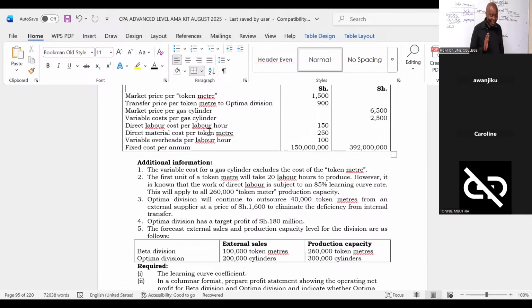Optica. The very first expenditure applicable to beta is which one? Direct labor cost, isn't it? Yeah, so give me labor cost. And labor cost, of course, you shall take something times something. So I'll take 150 per labor hour times who?